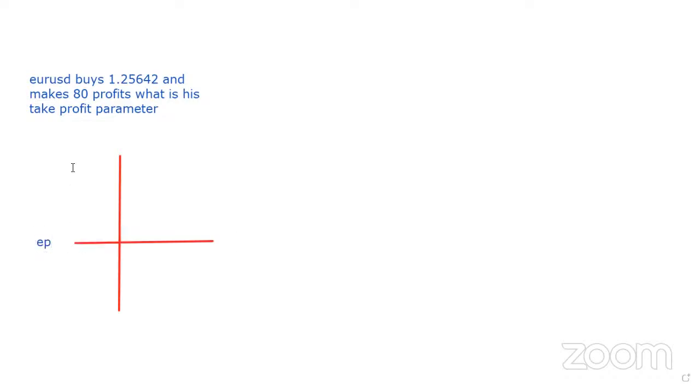If he's buying here, this is his entry point, which is 1.25642, right? So that means this is what he's expecting for a buy. He buys and he expects the market to go up. Nobody says the market goes up as soon as he enters. No. But this is what he expects.